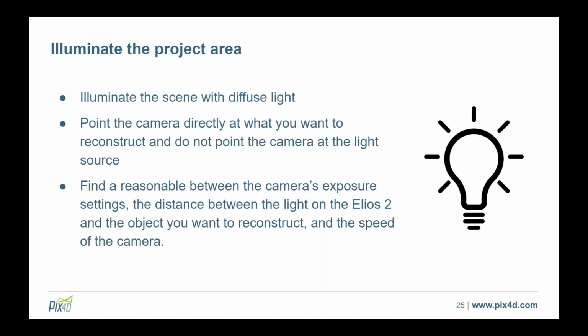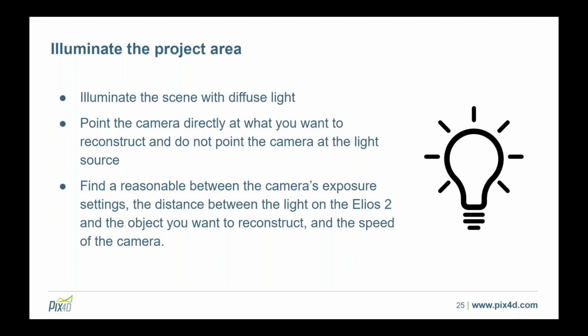However, the human brain is great at filtering out or ignoring what our eyes see when it is blurry. Cameras, on the other hand, will continue to capture images even if the images are blurry, because the exposure settings cannot account for the lighting conditions and the speed of the camera as it moves around the project area.